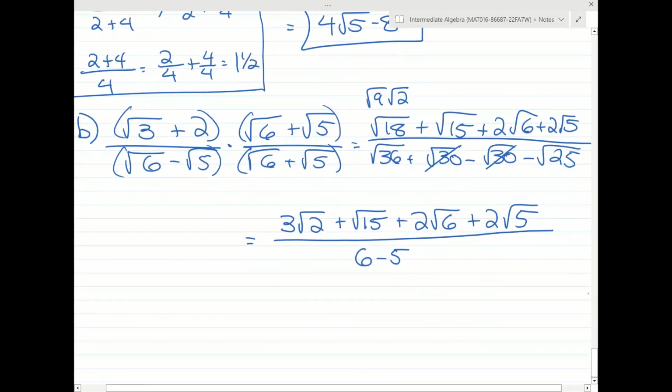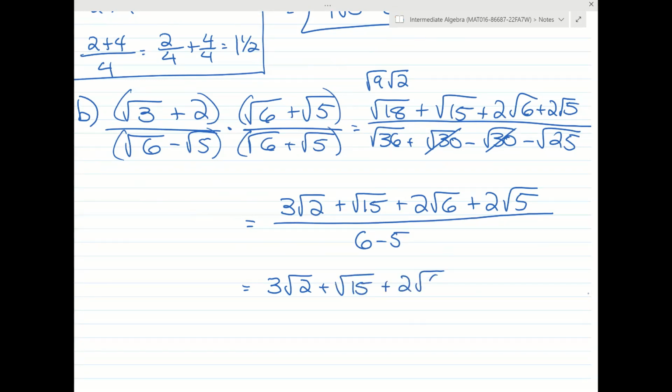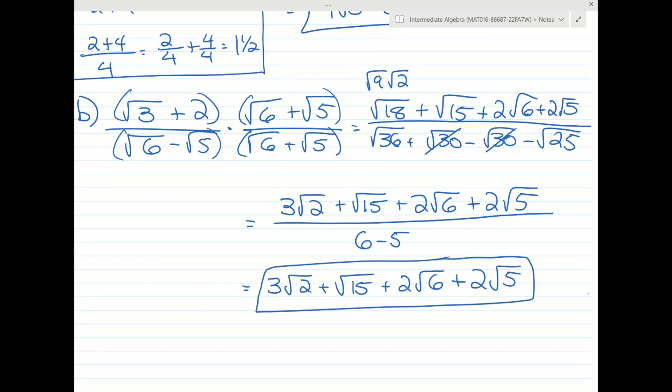So as far as your final answer, we could just write 3 root 2 plus the square root of 15 plus 2 root 6 plus 2 root 5. If there's multiple terms in the denominator, then use what's called the conjugate.